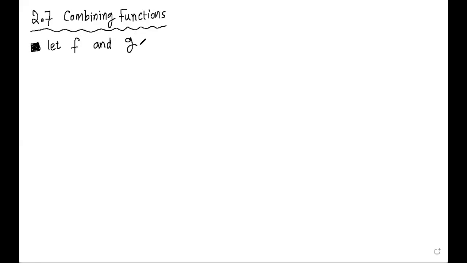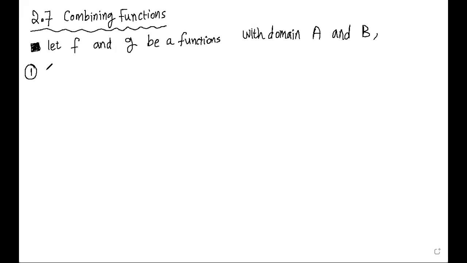Let f and g be functions with domains: the domain for the function f is A, and the domain for the second function g is B. Now, by using the rules, the first one says (f plus g)(x) is equal to f(x) plus g(x).